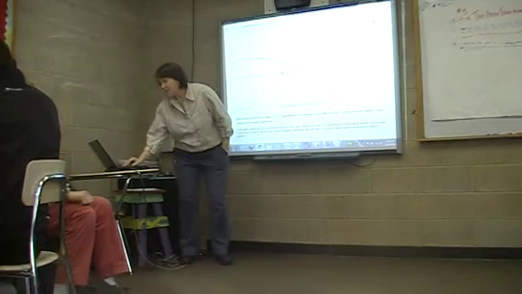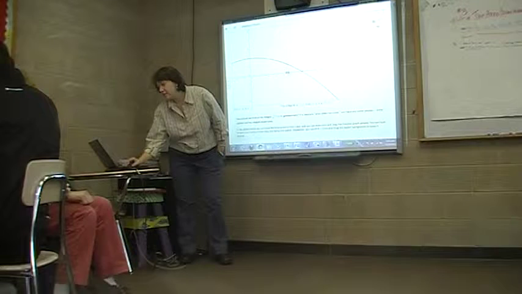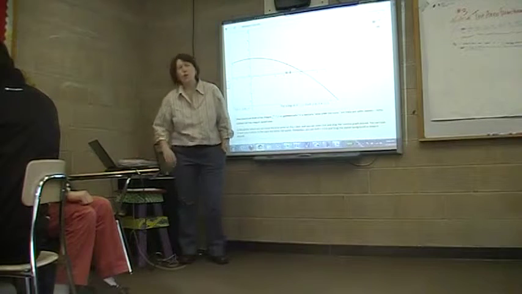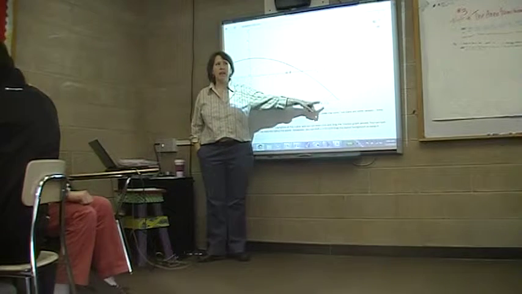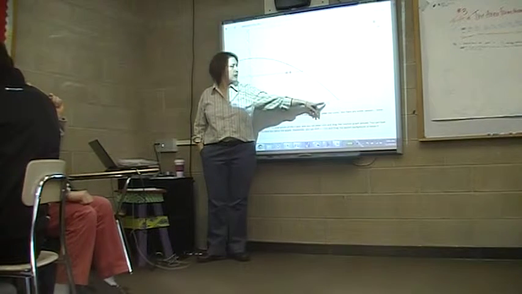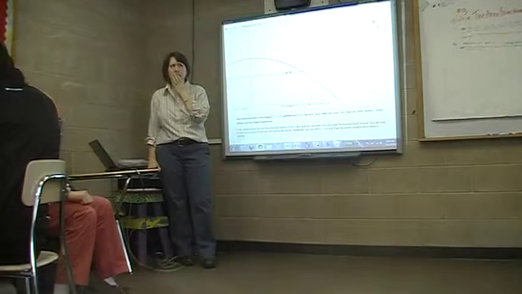And then something else funky happened when I moved A over here. Whoops, that's B, sorry. When I moved A to the right of B, what happened? Negative. The area became negative.